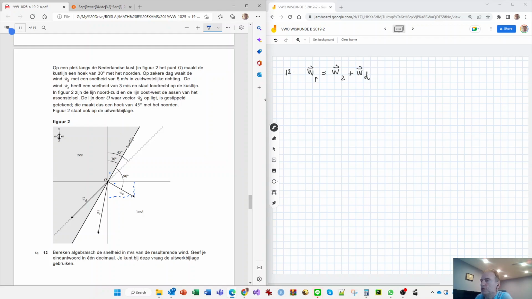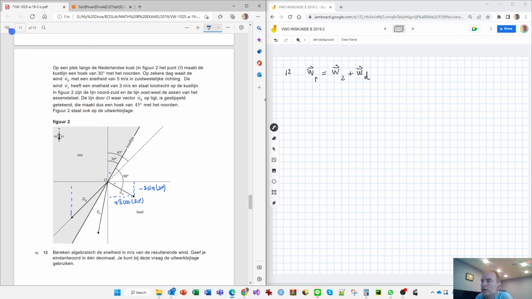So this will be minus 3 times the sine of 30, and this will be plus 3 cosine 30 degrees.